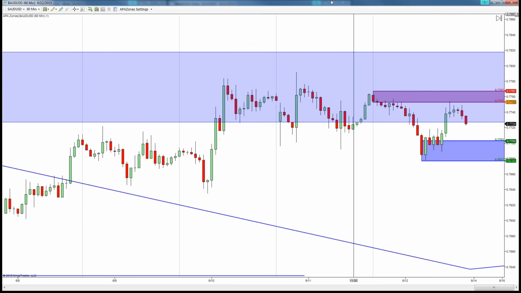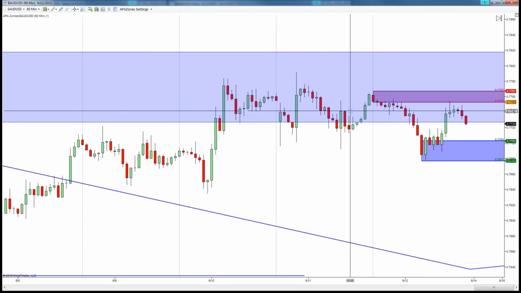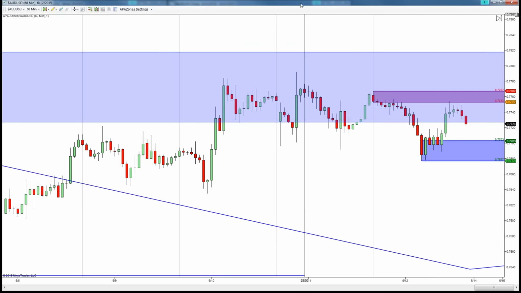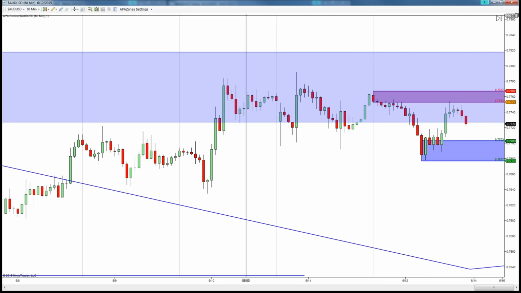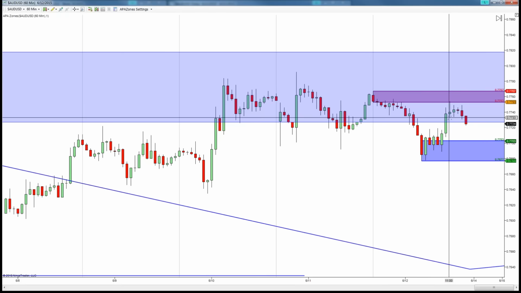All right, so I'm basically working my way through the fractal as it happens. That's what I'm trying to show. Now, we can do all of this on one chart with the advanced packages of AppZones, but we want to do this manually right now, just so that everybody can hopefully follow along.